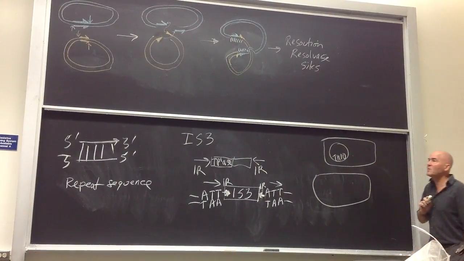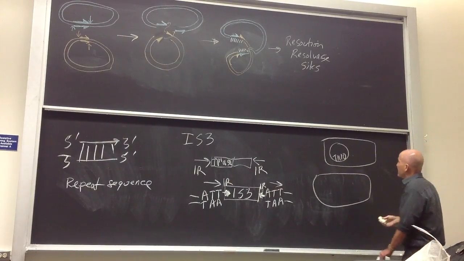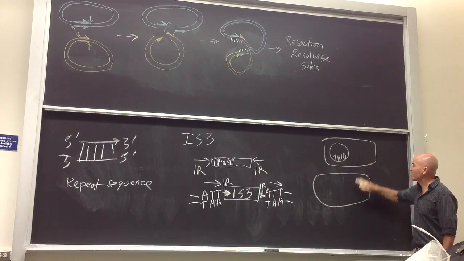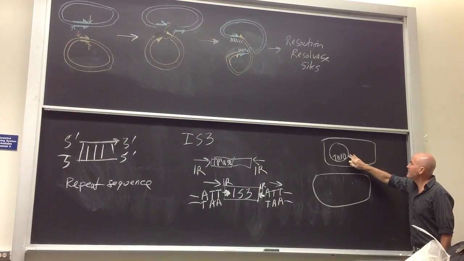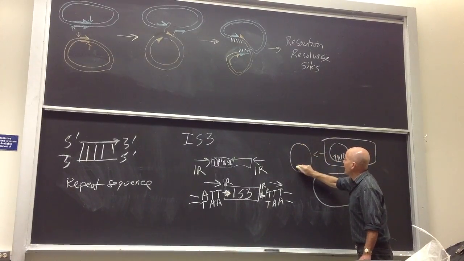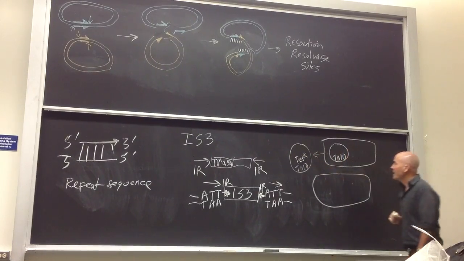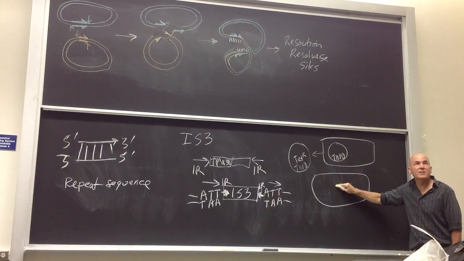And we're going to learn a little bit more about TN10. And you know what TN10 looks like. It carries tetracycline resistance. And this is one bacterium and this is another. And let's say that I can purify this plasmid that has a TN10 that carries TET resistance, TET-R. And I want to introduce it into this bacterium, and I want to get a hop in the chromosome.